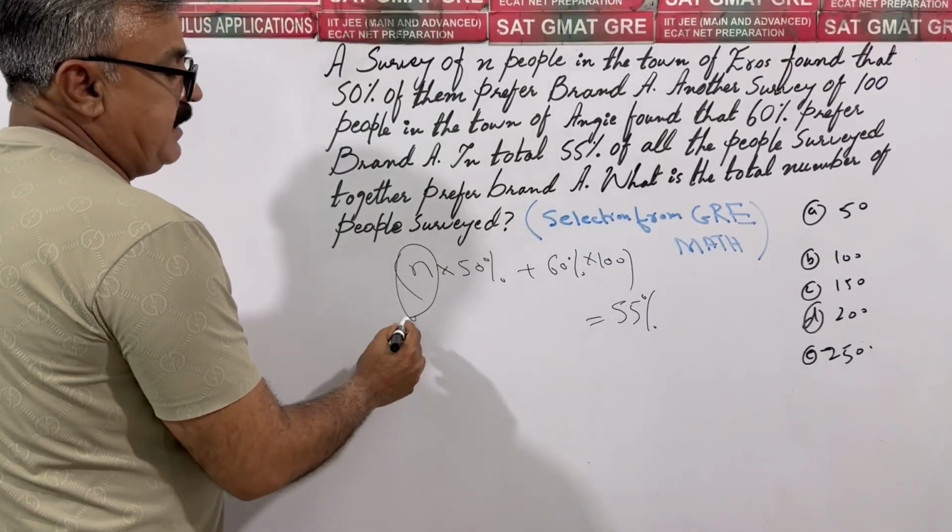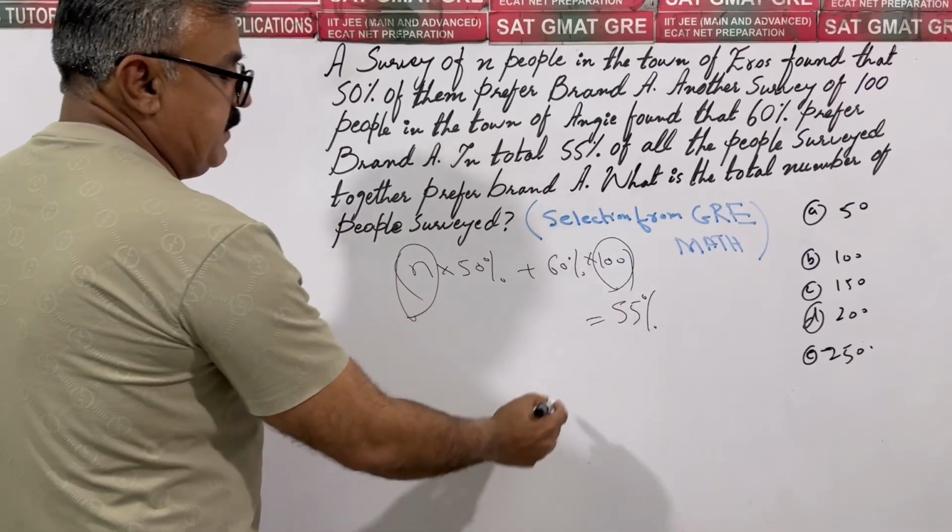From Eros, N people, and from NG, 100 people.